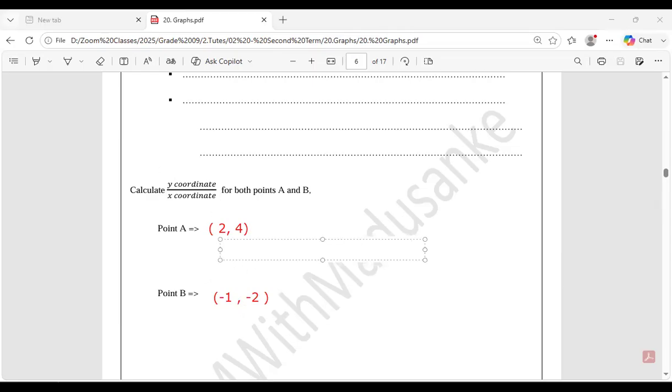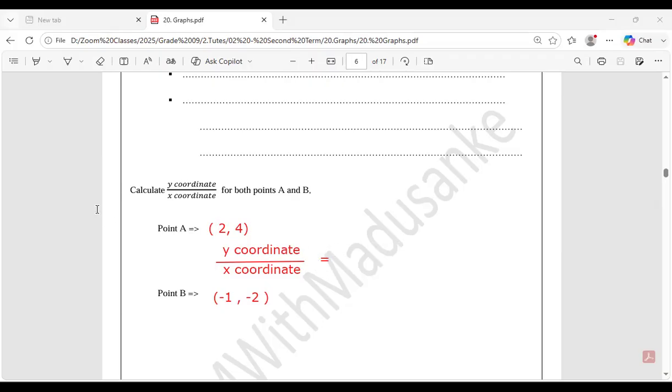So here I will type y coordinate divided by x coordinate, equal mark.